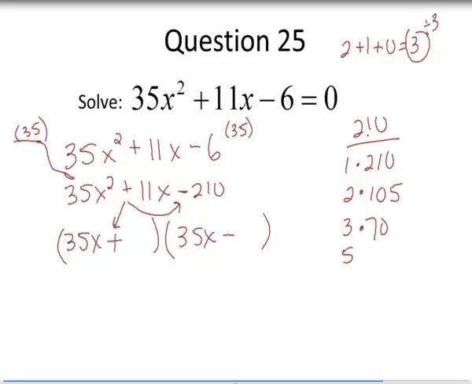4, actually 4, 5 and 45? No, 4 and, does 4 go into 210? You guys help me out. What are you guys looking for? 4 and, you're saying 45? I don't think 45 will work. 5, let's see. 5 and not 45. 5 and 42.